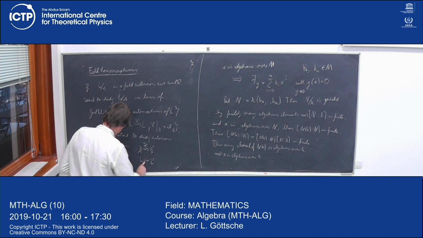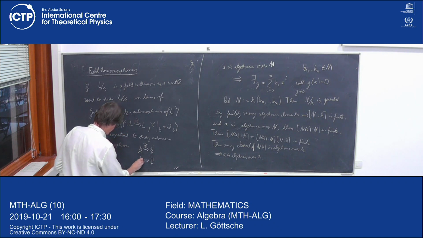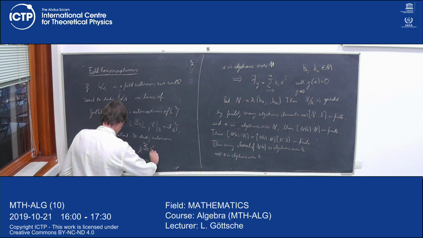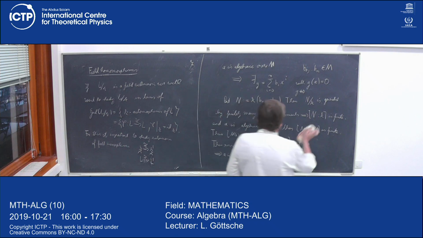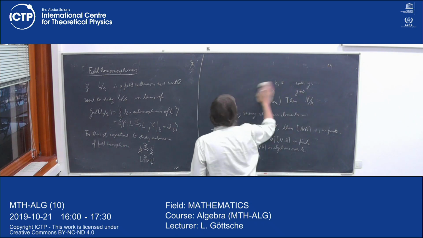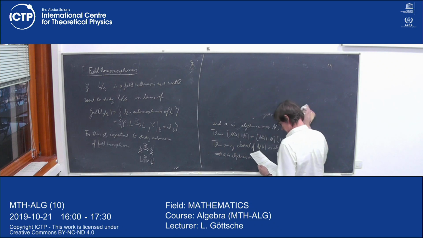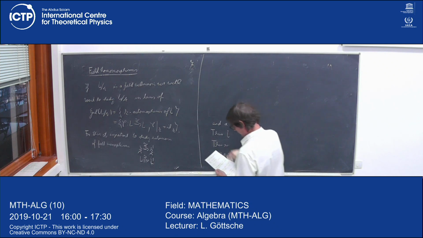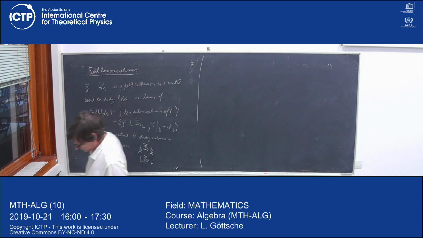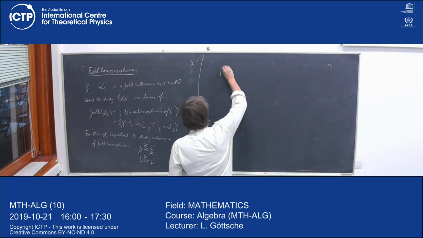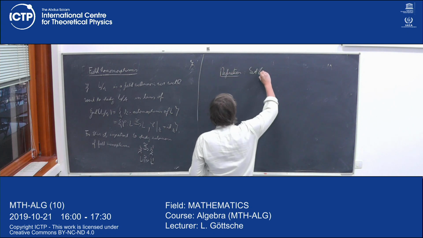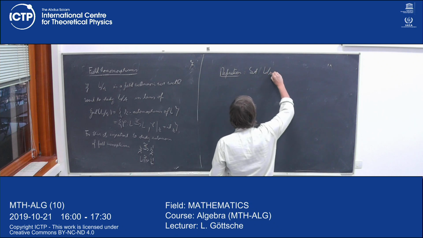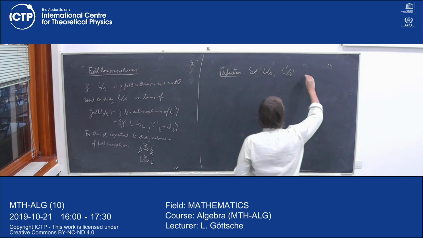We want to find, or study how many there are, such isomorphisms here. Let me state it first. So first I can give a proper definition. Definition: let L over K and L prime over K prime be field extensions.